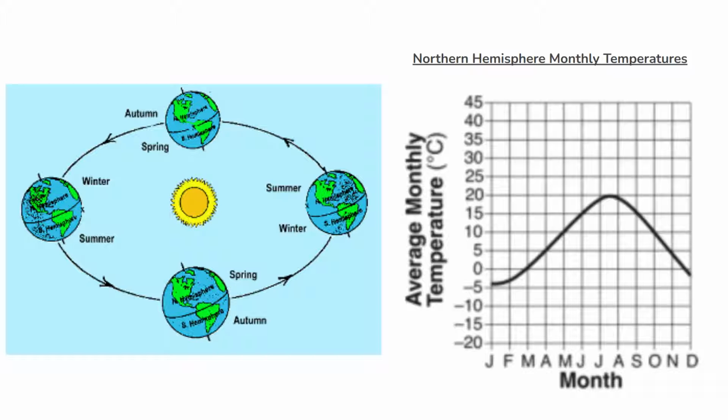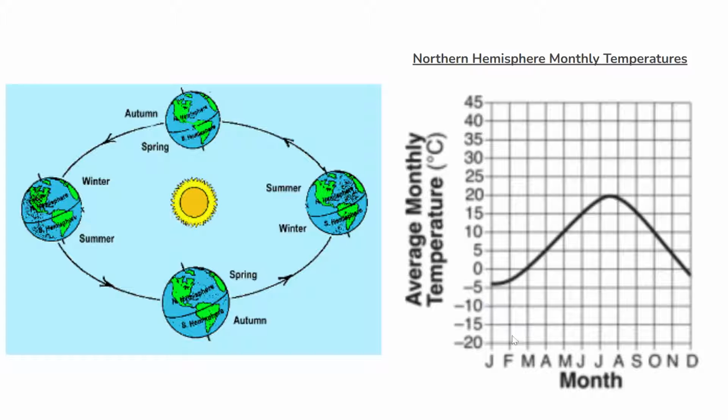So, one thing you should notice is whatever season is happening in the northern hemisphere, the opposite season is happening in the southern hemisphere. In other words, when it's warmer in the northern hemisphere, it's cooler in the southern hemisphere, and so on for the most part.